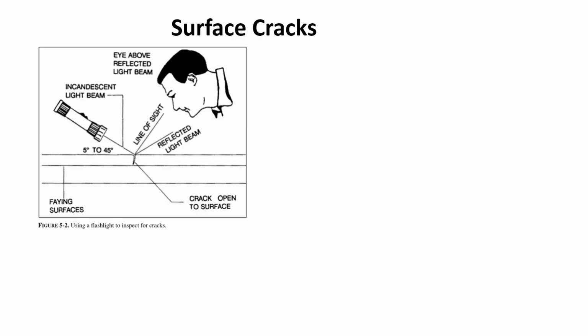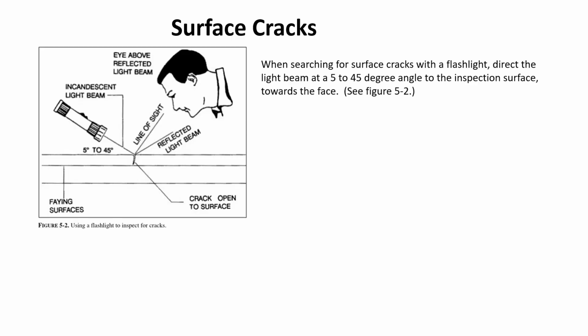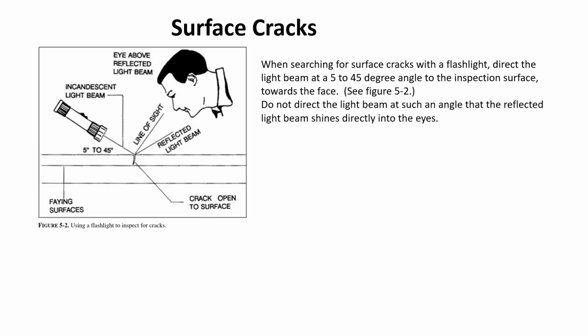So when we're looking at surface cracks, I cut this out of a military document. We're going to hit the flashlight at a 5 to 45 degree angle, and you're moving it towards your face, and you don't want to blind yourself. That's a big one.